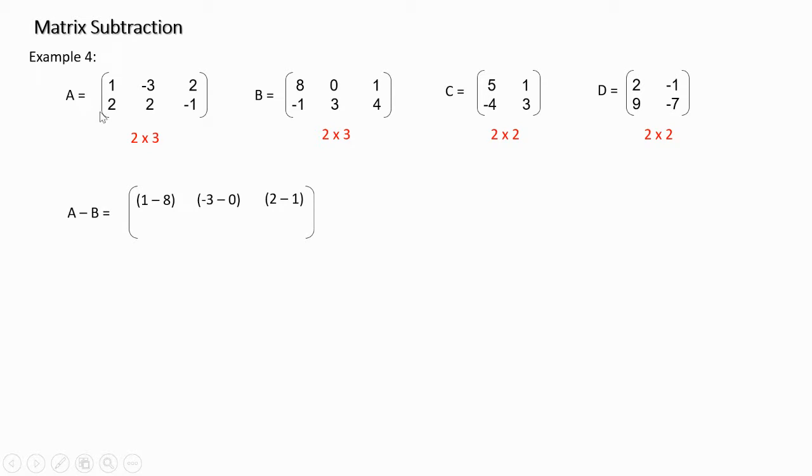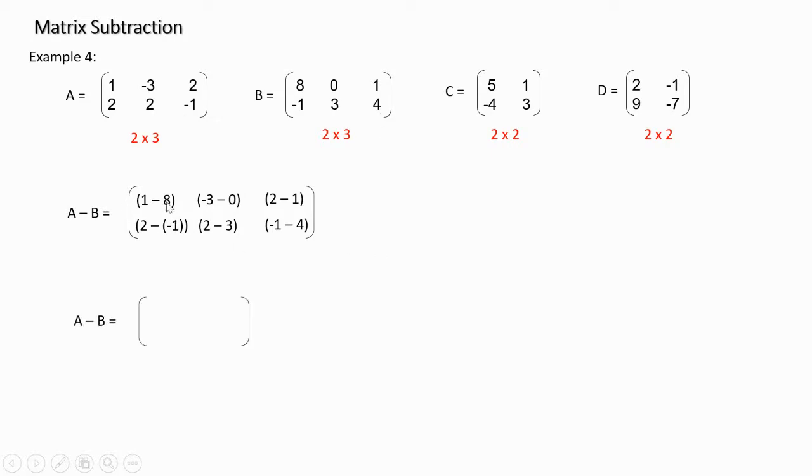For the second row, it's 2 minus negative 1, and 2 minus 3, and then negative 1 minus 4.